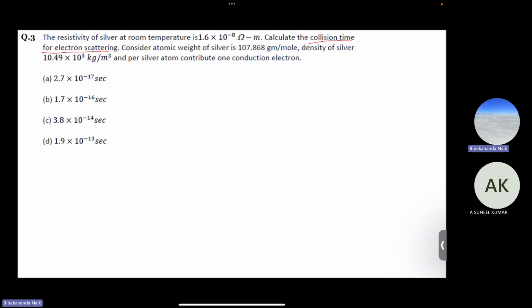If it has an FCC structure or BCC structure, we put n equal to 4 for FCC, n equal to 2 for BCC. So the same formula we will put here, but here n will be the number density. In that case it was the number of atoms per unit cell, but here we are talking about the whole sample, and the atomic weight is 107.868.